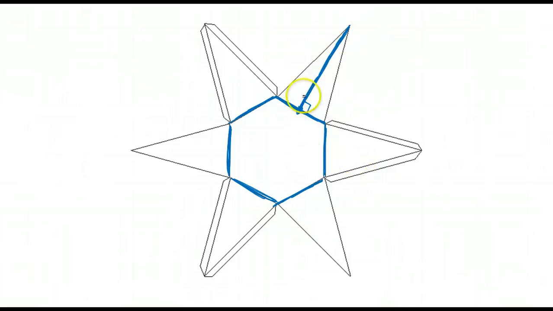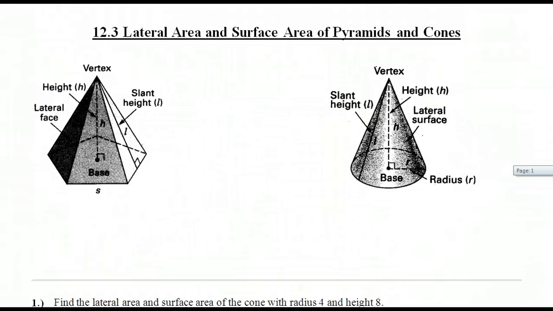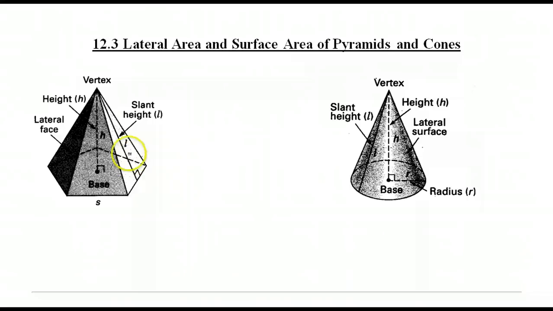If I look at this height, when I fold these pieces up to make a pyramid, this height will actually be on the pyramid. The height that was on the triangle when folded up becomes this height. Now it's not the height of my pyramid, it's actually my slant height, which I'm going to abbreviate with an italic l.